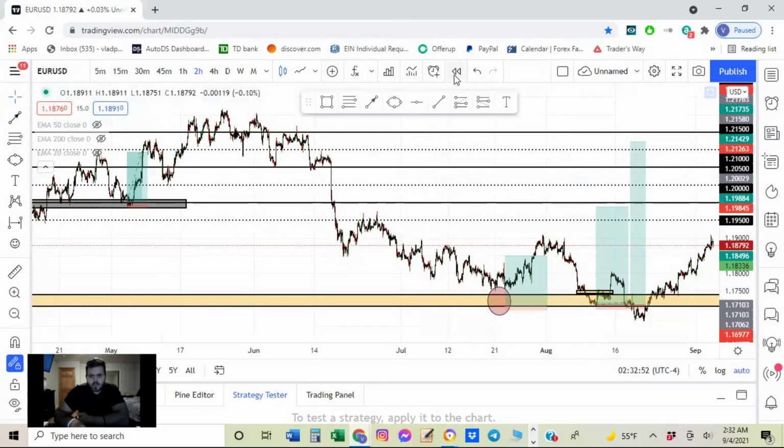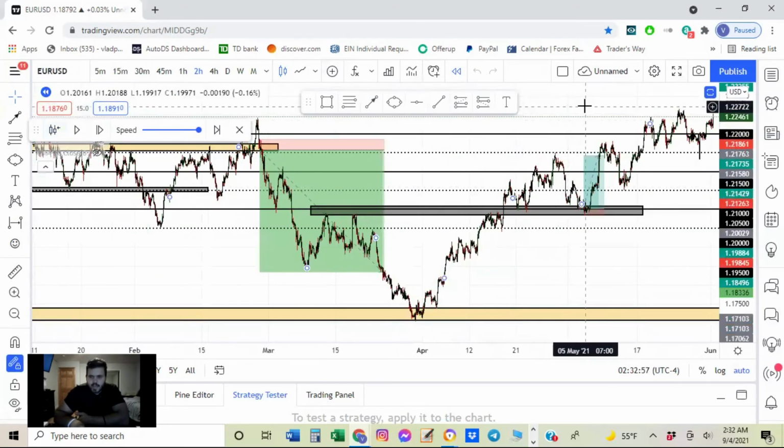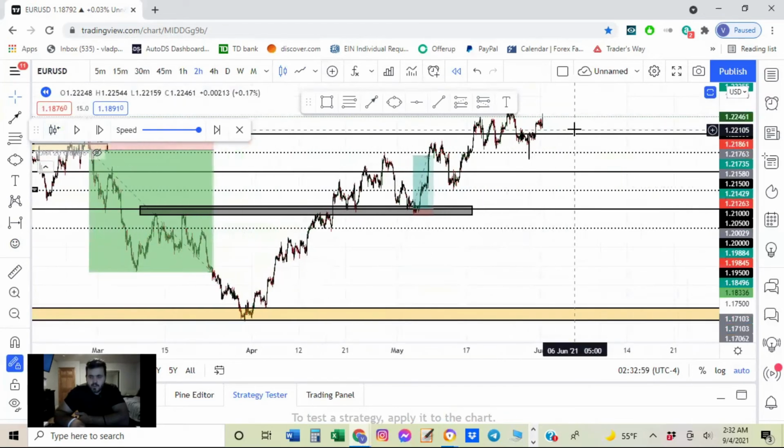Instead, you hit this replay bar, you go right here. It basically acts as if the market is currently right here. But do not cheat yourself. Don't see that it came down and then tell yourself, okay, I'm going to go in for a sell here because that's perfect, and now the probability of my strategy is like 95%.